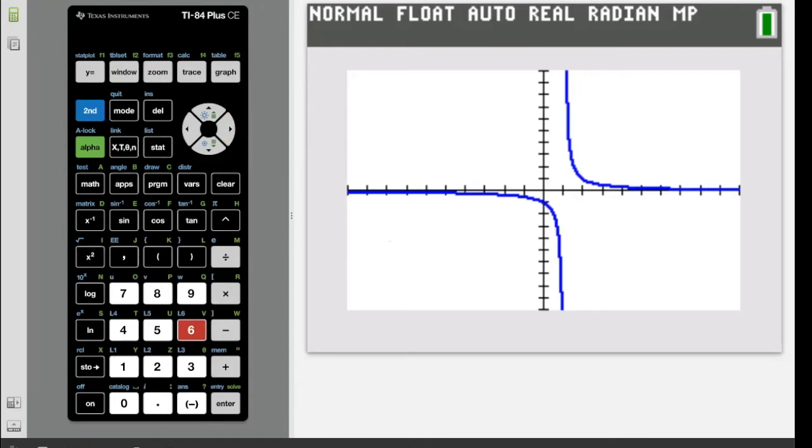Now, what's in my hand drawing that's not in this calculator window? The hole. The graphing calculator is not going to show you where the holes are. So that's why you're going to have to know what they are and where they come from.